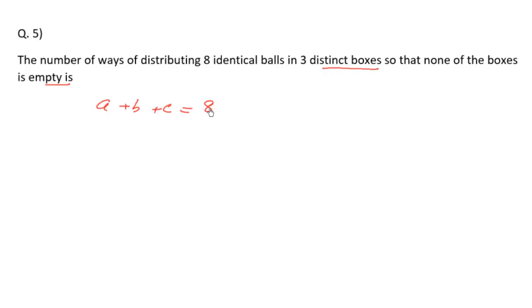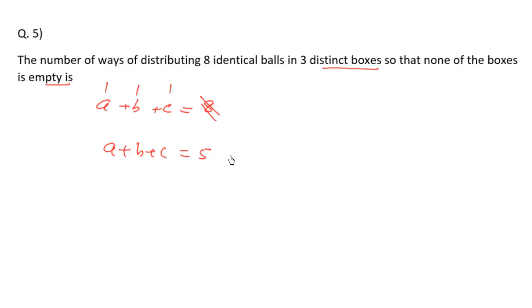So what we can do is take 3 balls from here and put one ball each in these boxes. Thereby we'll be left with only 5 balls, and we can distribute these 5 balls at our wish, right? We can give all 5 to some box, or we can give some among the 5 to B, some to C, may completely ignore A, and so on.